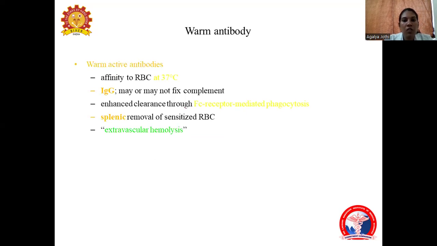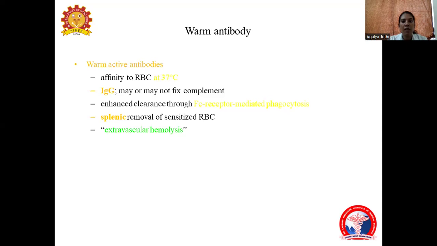So, what are the features of warm antibodies? Warm reactive antibodies have higher affinity at 37 degrees Celsius. The common antibody type is IgG, which may or may not fix complement. The main mechanism for warm antibodies is enhanced clearance via Fc receptor mediated phagocytosis.